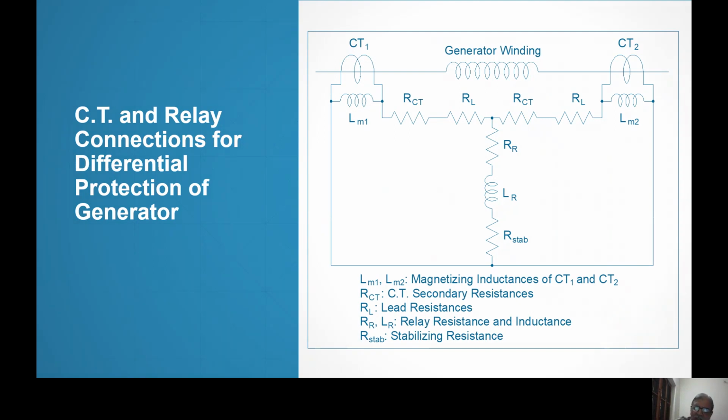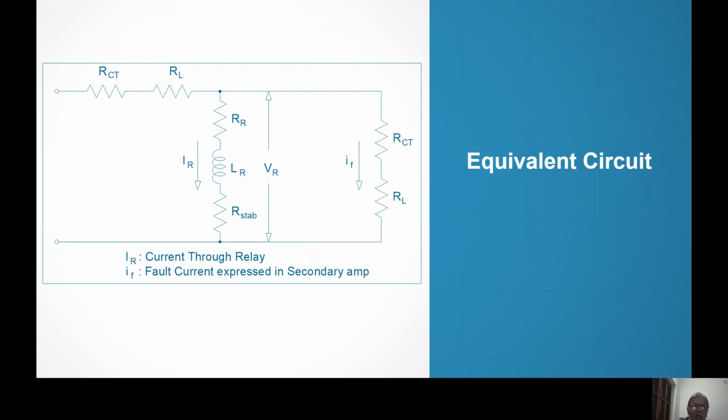If you consider that, the equivalent circuit is like this: RCT and RL, through which the fault current IF is passing. That fault current will be roughly 5 times because 20% is the direct axis subtransient reactance, Xd double dash.